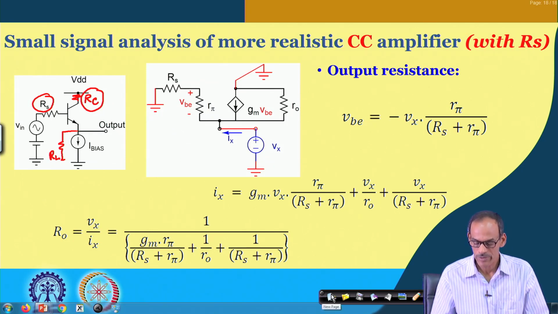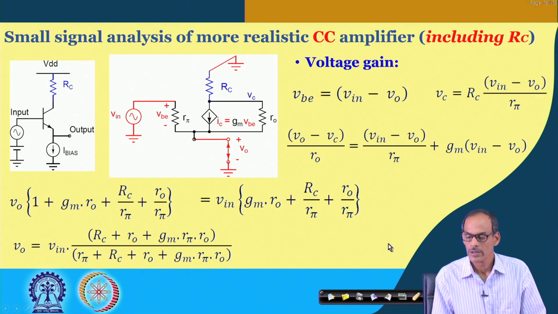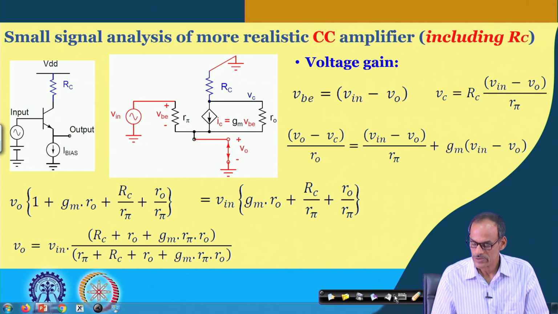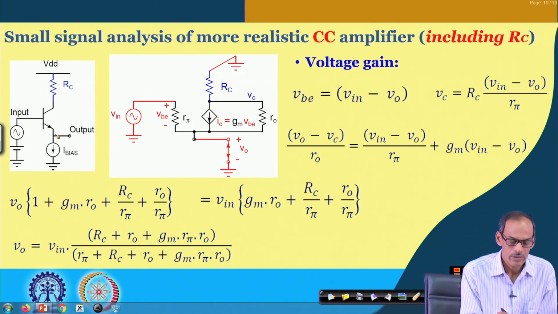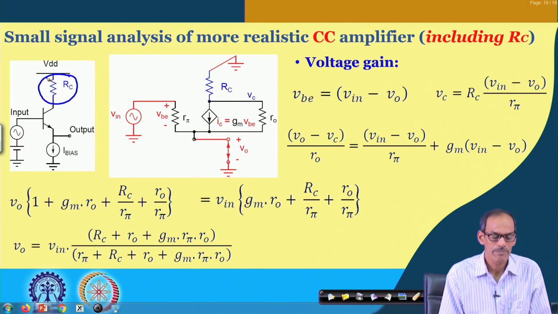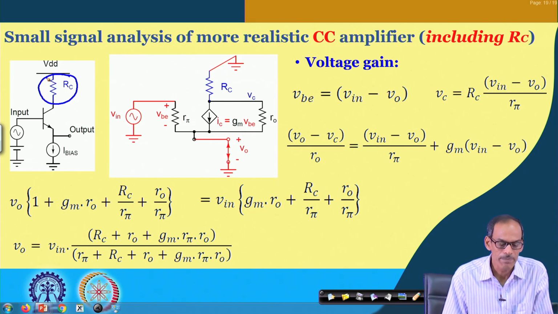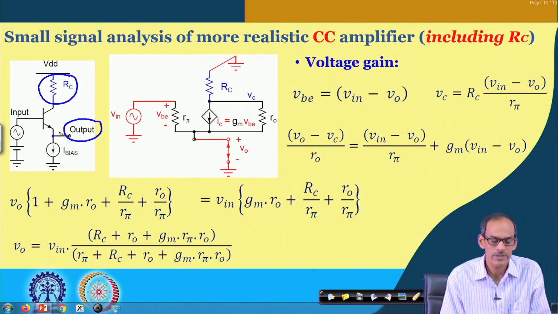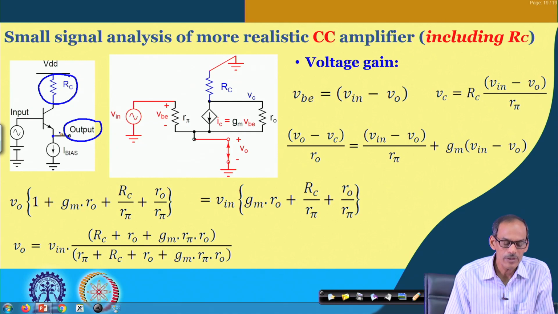So, here we do have the corresponding circuit. We do have the common collector circuit having this R c connected to VDD. Note that please do not get confused: the output still remains the output terminal, which is basically the emitter of the transistor.